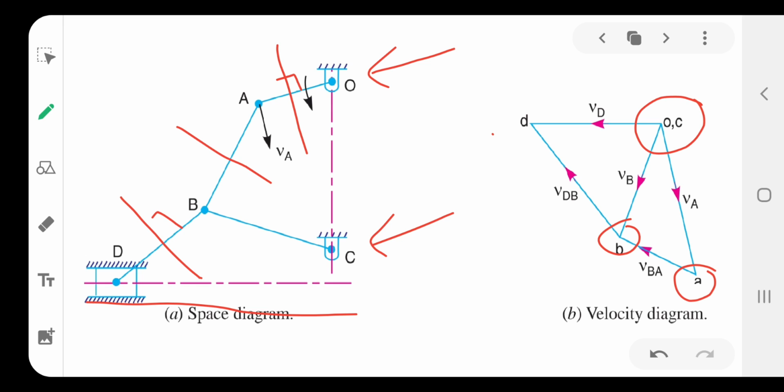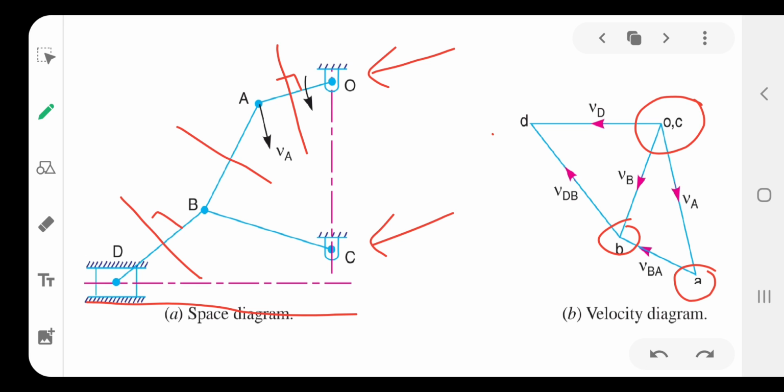From point O I draw a horizontal line, and these two lines intersect at point D. So here we completed our velocity diagram.